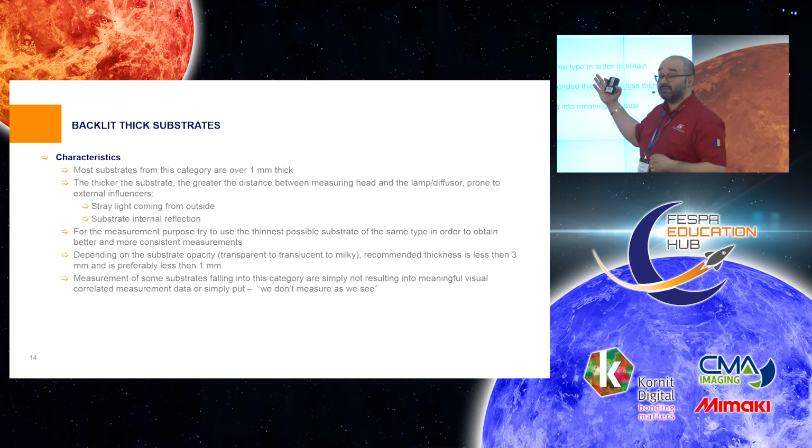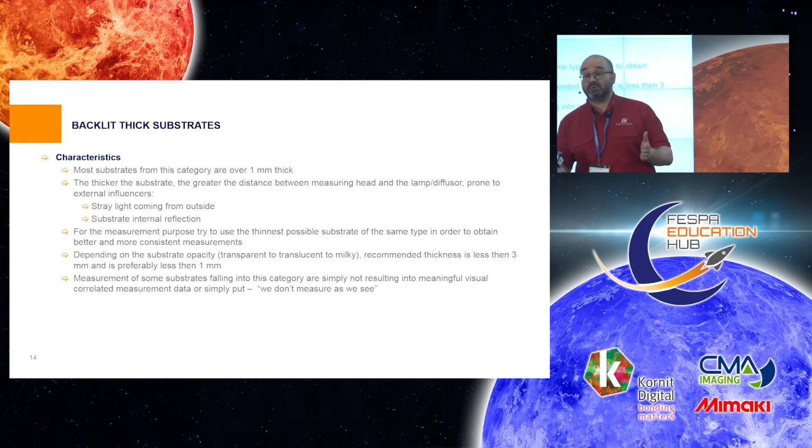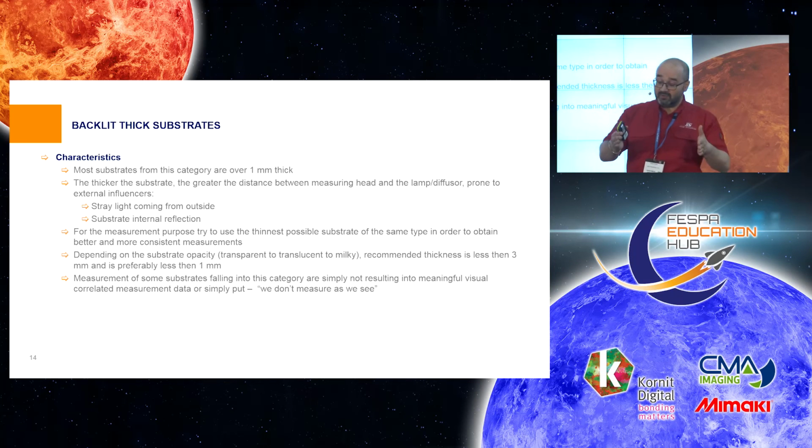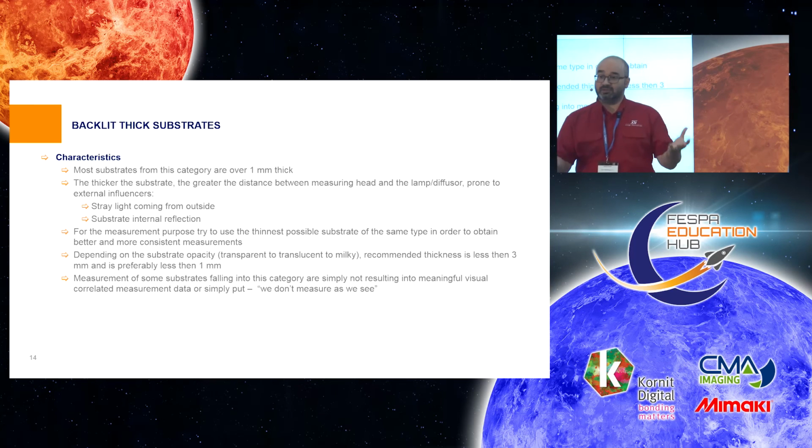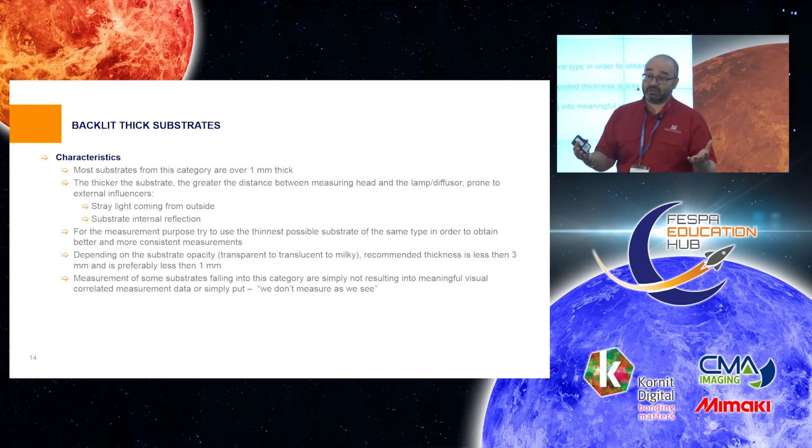So sometimes such substrates are impossible to measure. As the substrate thickness increases, the quality of the measurement decreases, because the amount of energy ending up in the measurement head is diluted inside the substrate structure.